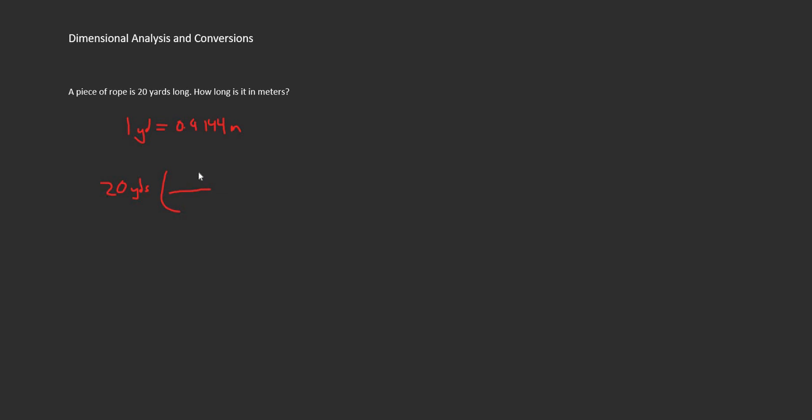I'm repeating that because I've had people get confused over the order that you do dimensional analysis in. Multiply everything through the top, multiply everything through the bottom, and then divide the top by the bottom. Because you can imagine this 20 is over 1, so you can just rewrite 20 as 20 over 1.